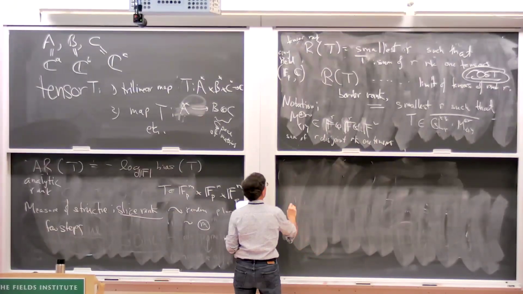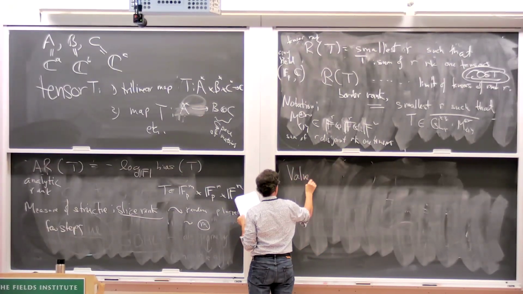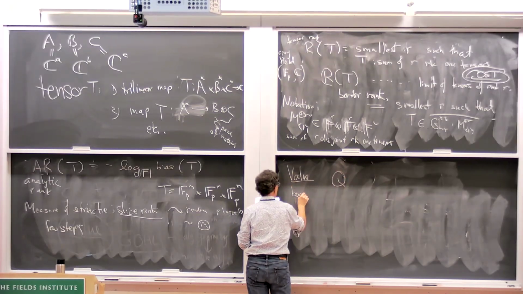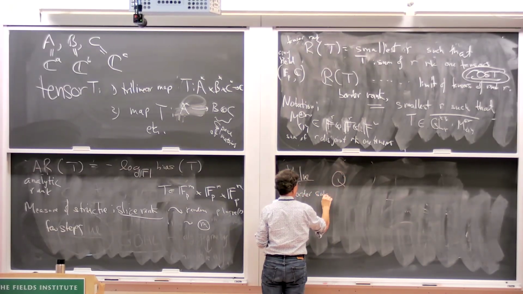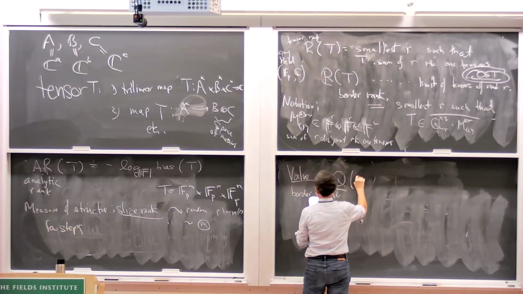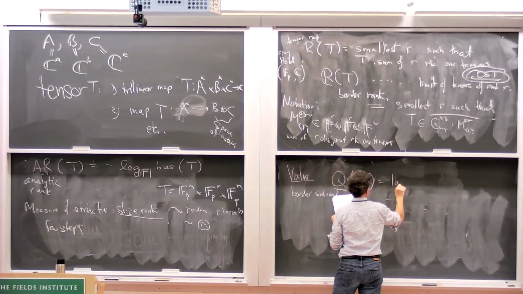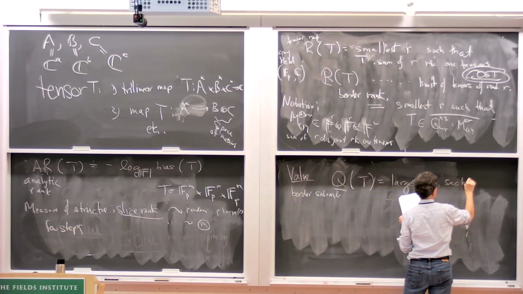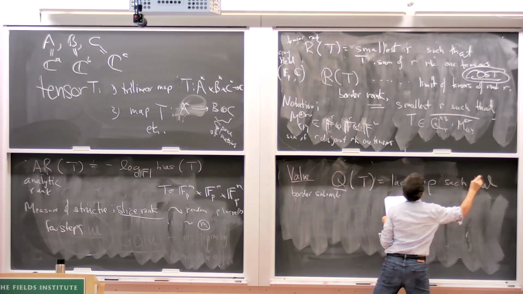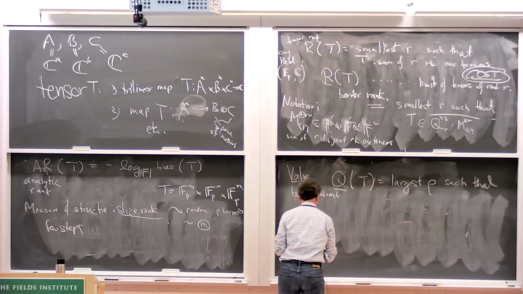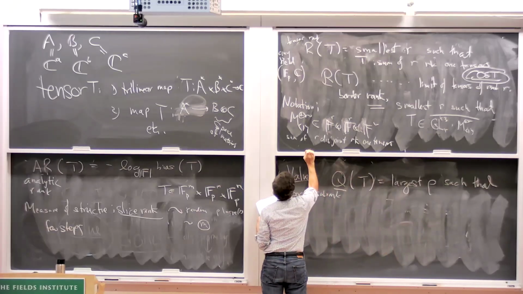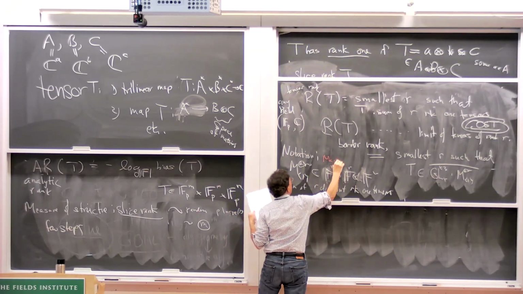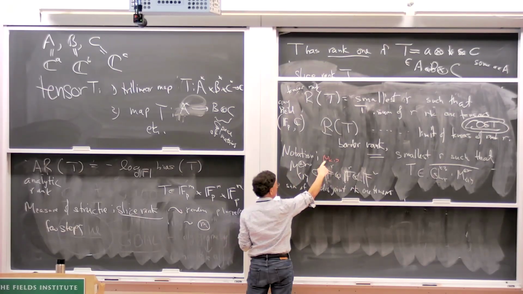The value is called the border subrank. Q bar of T is the largest row such that we can take, if we think in terms of currency, which some people do, like this thing is a dollar or a Canadian dollar or a euro.